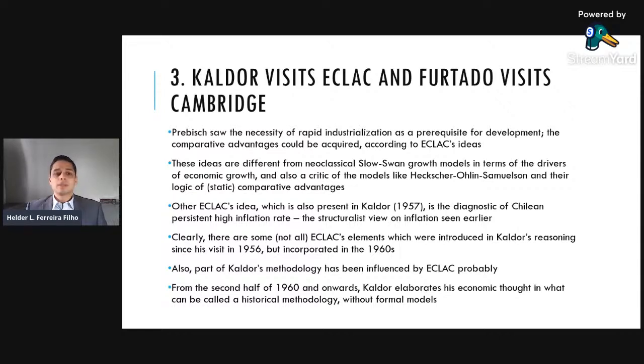For ECLAC, comparative advantages could be acquired. It's not something static, like in models such as Heckscher-Ohlin and Samuelson. And of course, the drivers of economic growth are not the ones stressed by the neoclassical Solow-Swan growth model. But rather, it's industrialization and, in ECLAC's terms, a structural change in the economy.